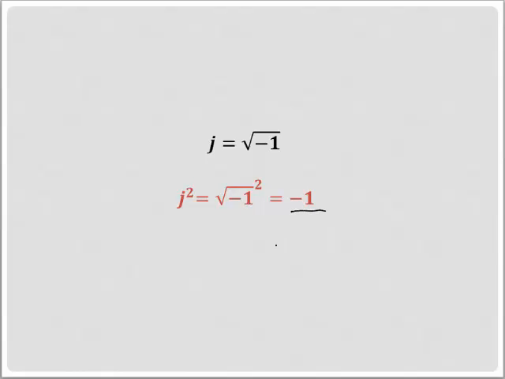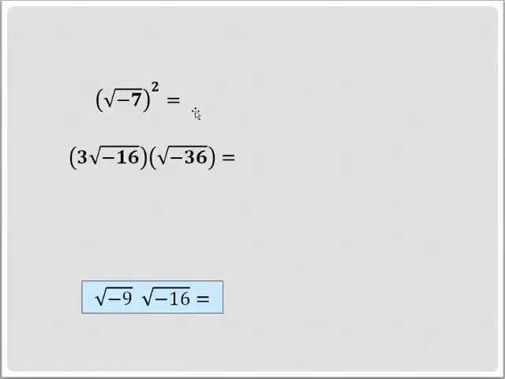So therefore, negative 1. So j squared equals negative 1. And that's going to come in very handy when we do some more problems. When we end up with either j or j squared, we're going to know how to work with it. All right, so let's give it a try.